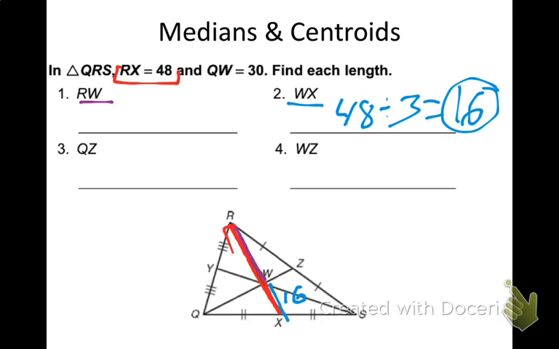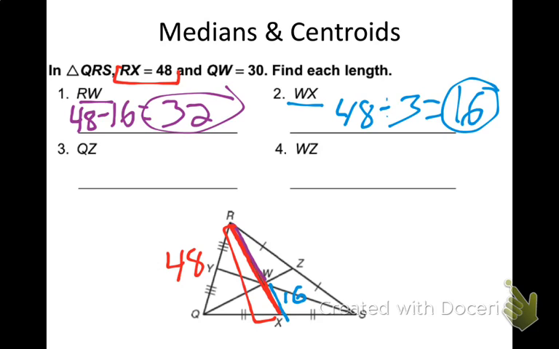If WX is 16 and RX is 48, what's one way I can find that purple line? Remember, the blue line's 16, the red line's 48. What's a way? I can subtract. Remember, if I have a part of a line and the whole line, I could subtract. So I can take 48 minus 16, and I get 32.